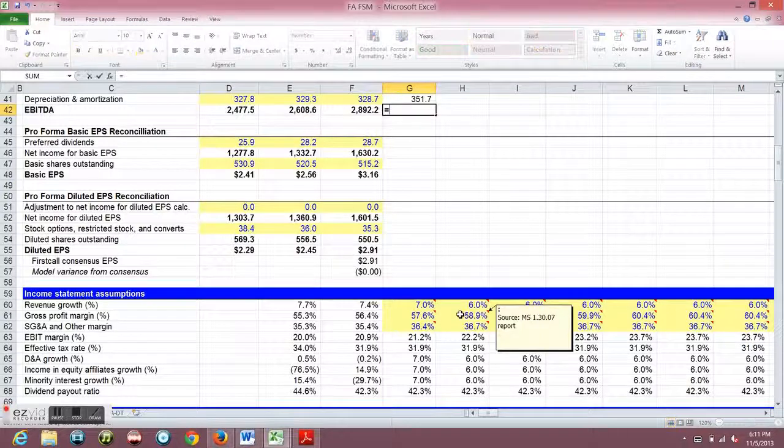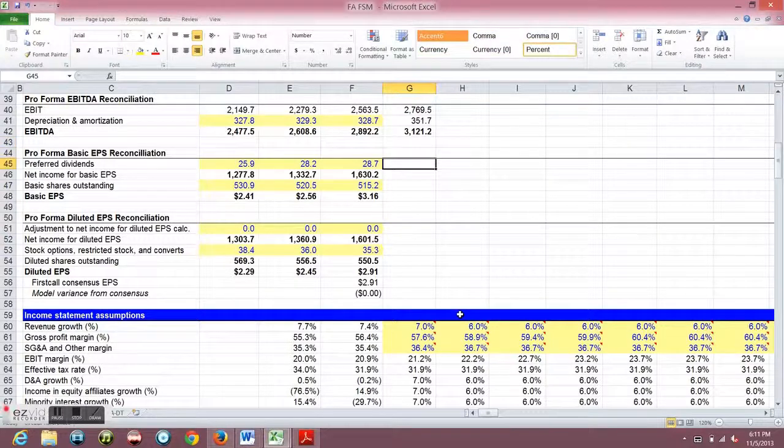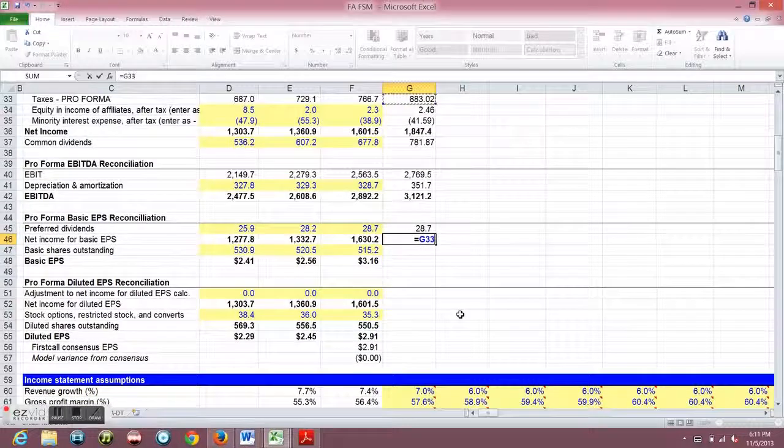Our EBITDA is going to be our EBIT plus add back our depreciation and amortization. Our preferred dividends, we're just going to straight line from our previous dividend just because we don't have information on that. And we're going to essentially take our net income and add back our dividends, as you can see.